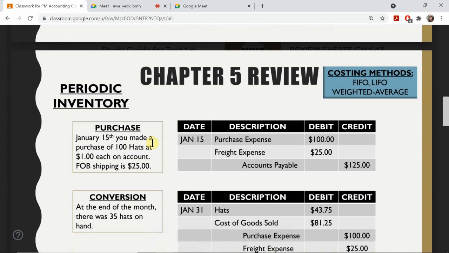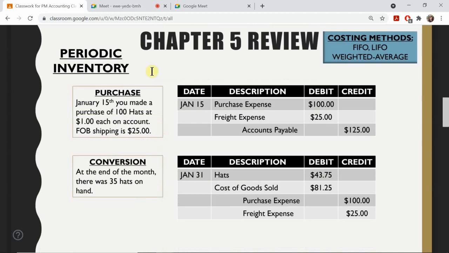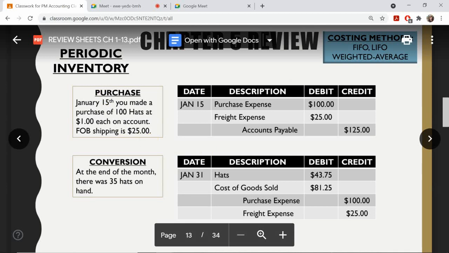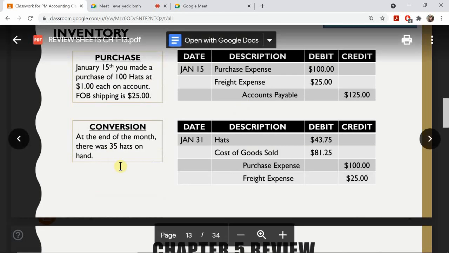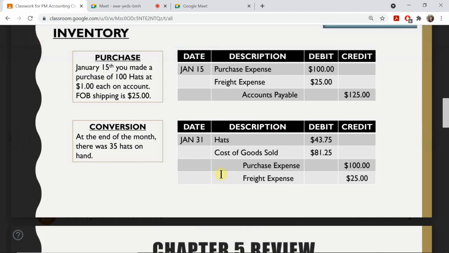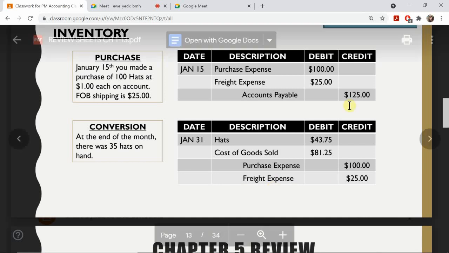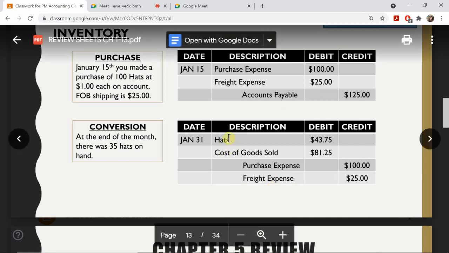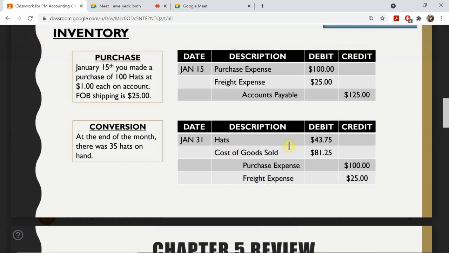And then we talked about the costing methods when we are dealing with periodic inventory. So here, when we journalize our purchases of inventory, right, we're debiting our expenses, right? We're debiting purchase expense and freight expense. At the end of a given period, you are required to have a conversion entry, which allows you to zero out or to take your bucket of purchase expense and freight expense and dump it into either inventory or the cost of goods sold, right?